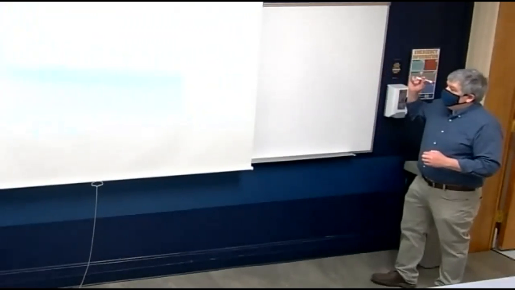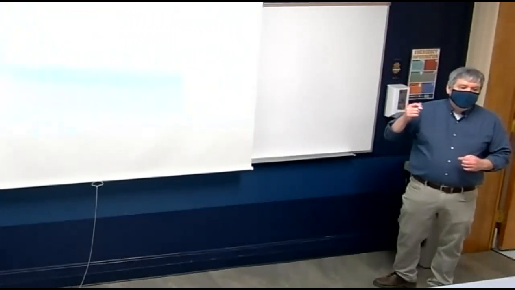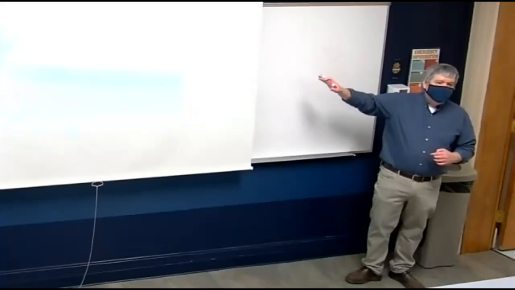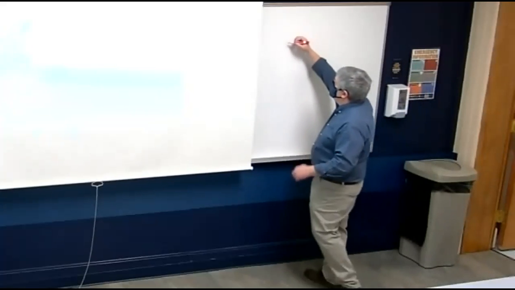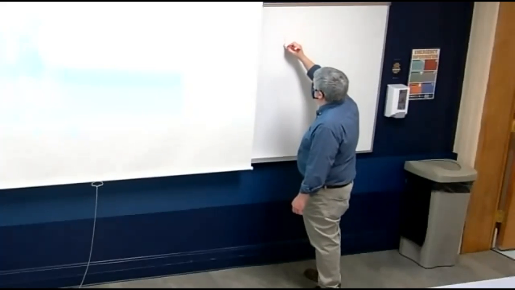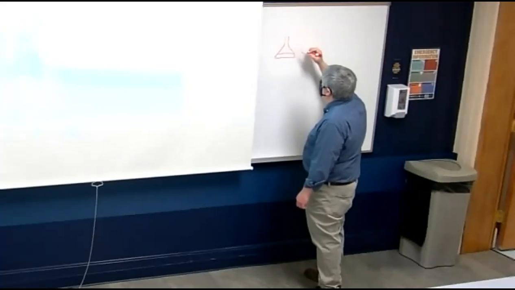The first thing that Meselson and Stahl did was they grew up bacteria in medium that contained this heavy isotope of nitrogen, nitrogen 15. So here's a bacterial culture. We'll just put this in an Erlenmeyer flask.